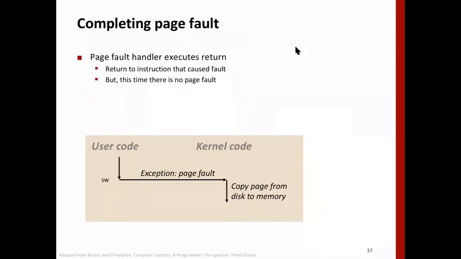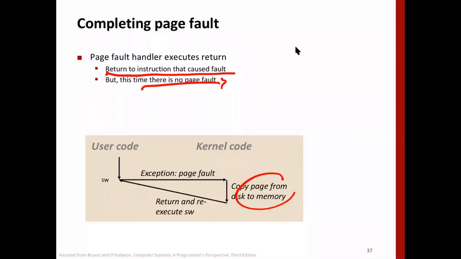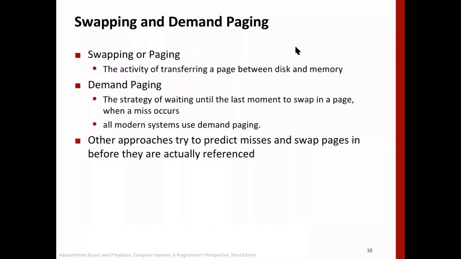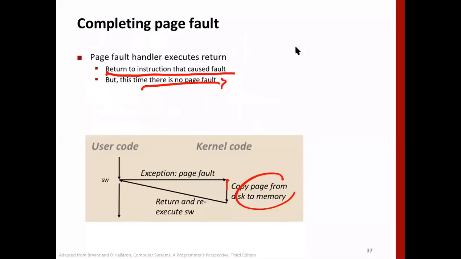Once this happens, control returns to the instruction that caused the page fault. Since the page that was not there is available now, the next time there won't be any page fault. Once the page is brought in, control comes back to the same program that was running and the same instruction is executed again. Is it okay?